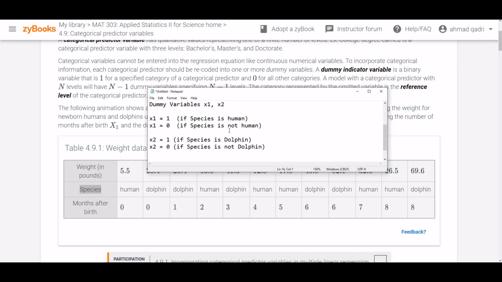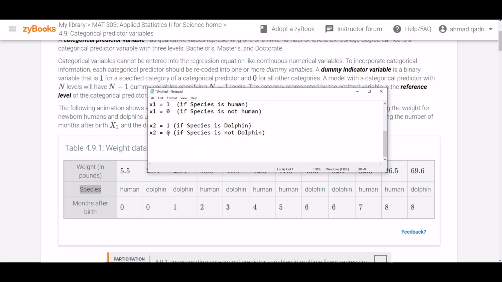So now we have covered all different levels here. If a species that we have in the data set is human, then x1 would take a value of 1 and x2 would take a value of 0. If that species is dolphin, then x1 would be 0 and x2 would be 1.